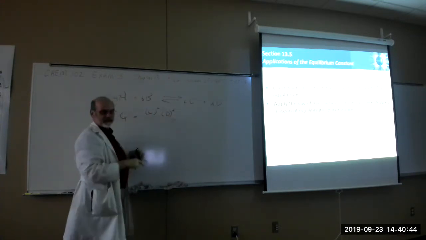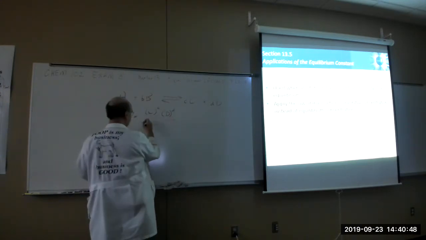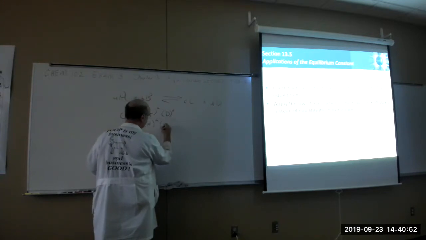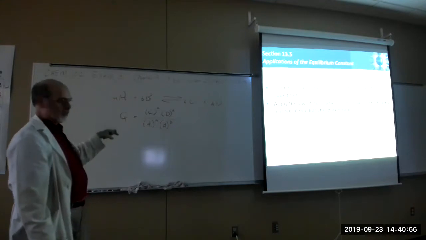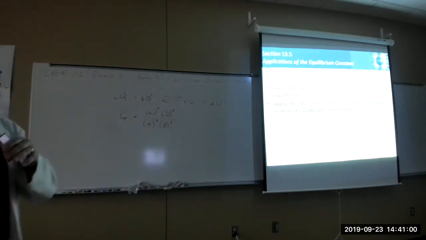There are parentheses instead of square brackets because we're not at equilibrium. And there's A to the A power and B to the B power. And we get a value that we recognize is not at equilibrium.